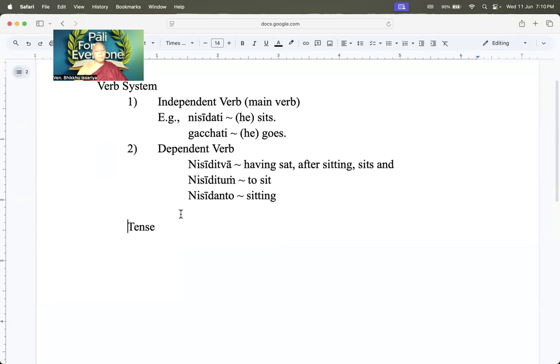It should be sat, because of the past participle. Okay, so now you're connected with the verb.